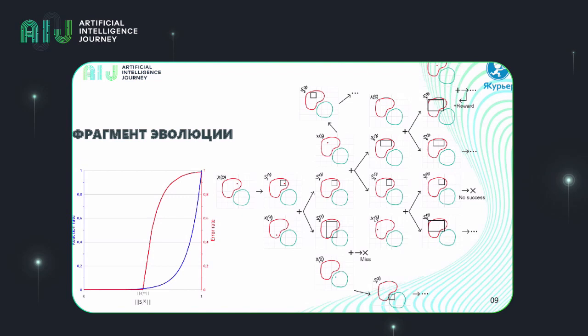Here is the X0 captured by neuron, and the predecessor S1 is created. Then they are spliced, reward, no success, miss, etc., ending up with S5 and S6s in the end.